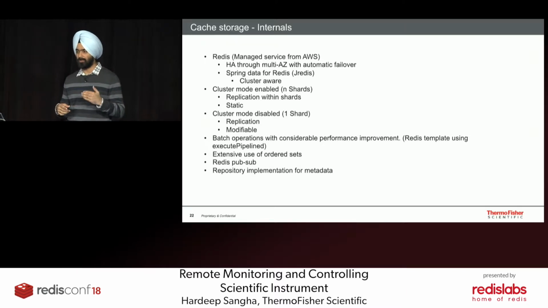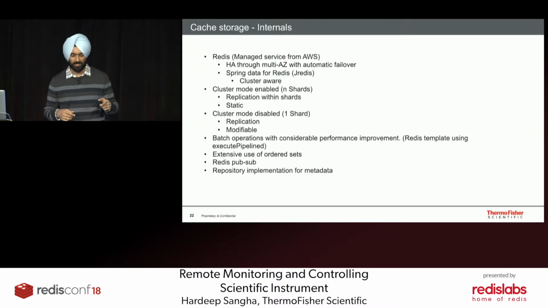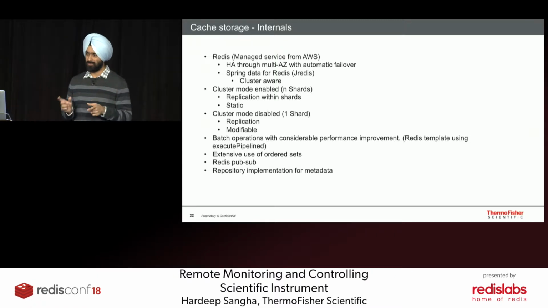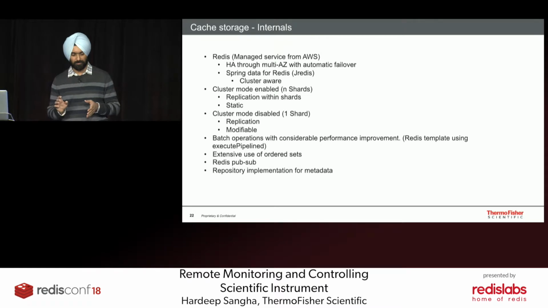So we use pipelining extensively. That gives us much better performance compared to singular inserts into Redis. So with that pipelining, at least the version we used, both for the Redis engine version and the Spring Redis, all that combined together, the optimal was to use a single shard, let it scale vertically, and then we get much better performance.